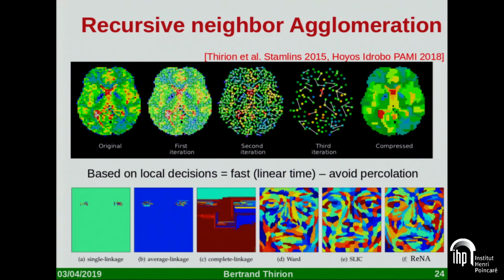And when you do that on a database of faces, the Olivetti faces, you can compare with the SLIC algorithm, which is state-of-the-art in computer vision. This is our approach, ReNA. It's kind of similar. Maybe slightly more noisy, slightly less regular than SLIC, but it's much faster, and overall it's doing good.